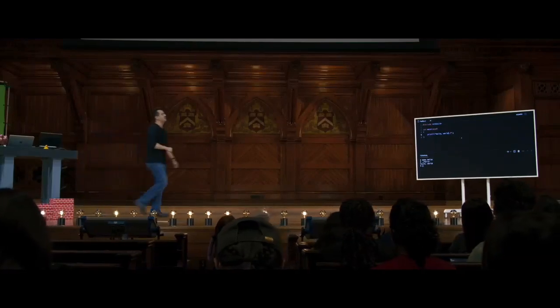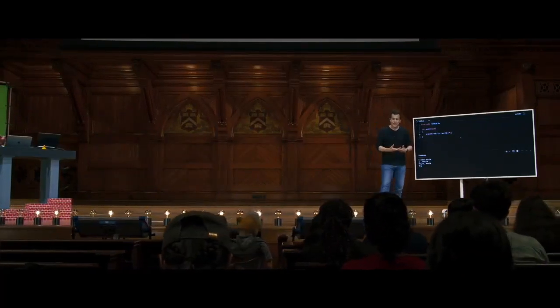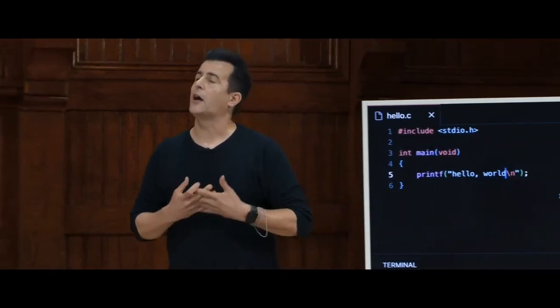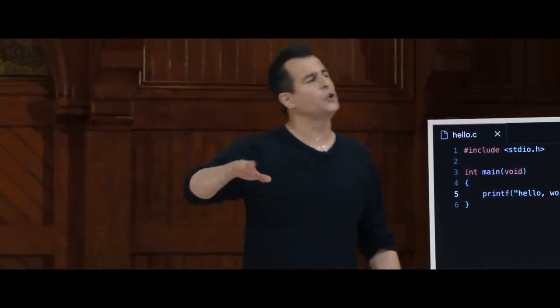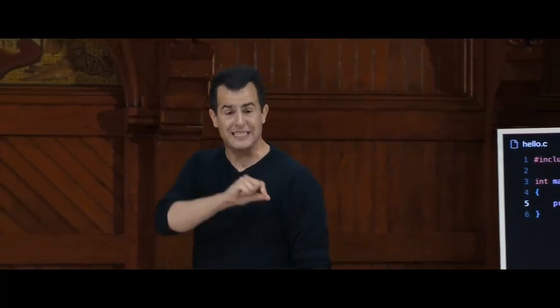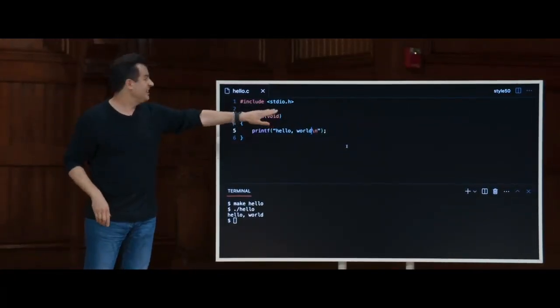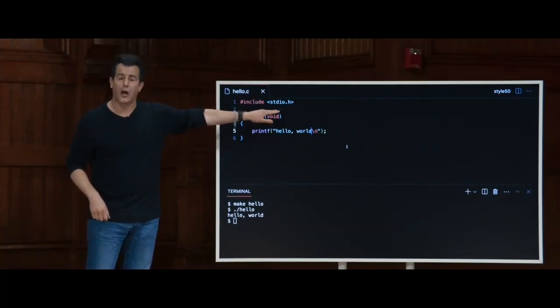So #include <stdio.h>. It turns out that in C, a lot of the functionality that comes with the language is tucked away in separate files. So if you want to use certain functions, you have to tell the compiler, hey, I want to do some standard input and output. Like I want to print some things on the screen. And that's because for now, you can think of printf as living in this file, stdio.h.